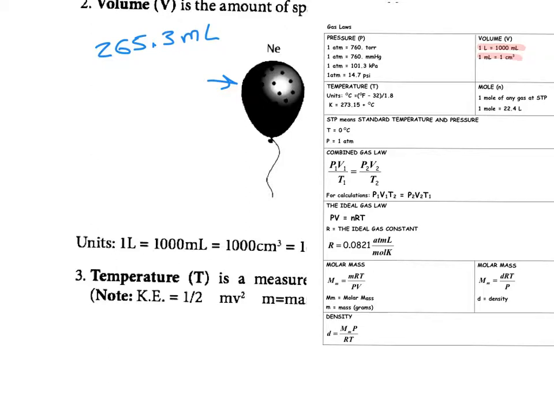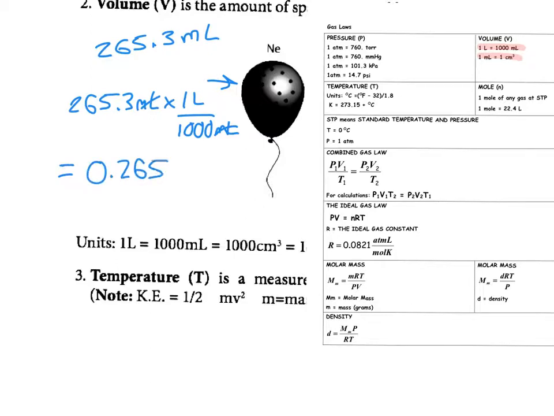So we could either use our stair-step method and move our decimal 3 positions to the left, or see the setup. If we have 265.3 milliliters and 1 liter is equal to 1,000 milliliters, we simply would be dividing by 1,000, so that would be 0.265 liters. So that would be our milliliter to liter conversion.